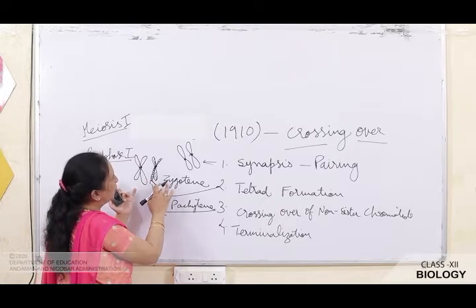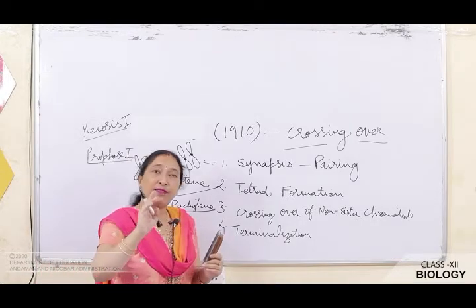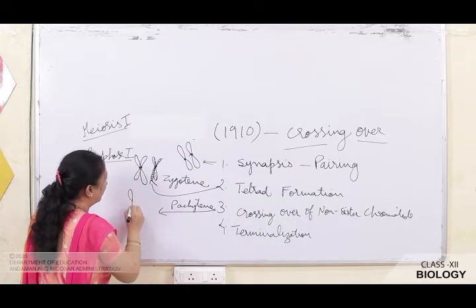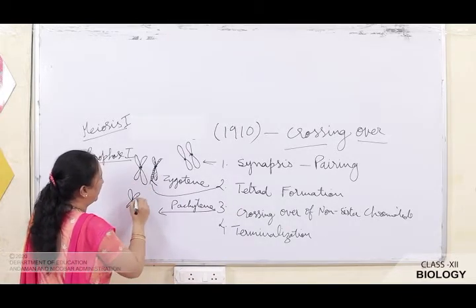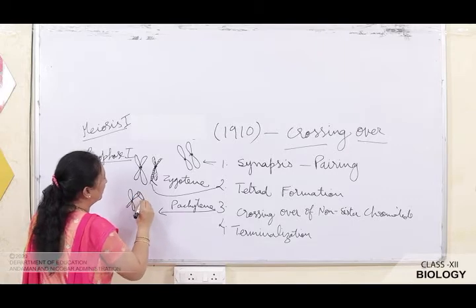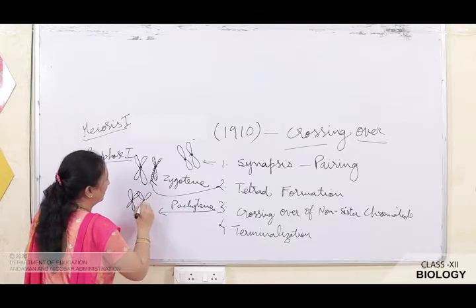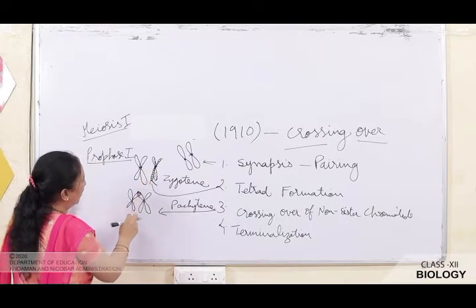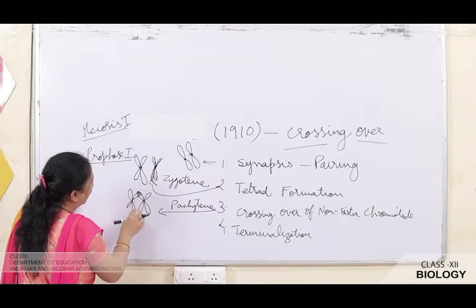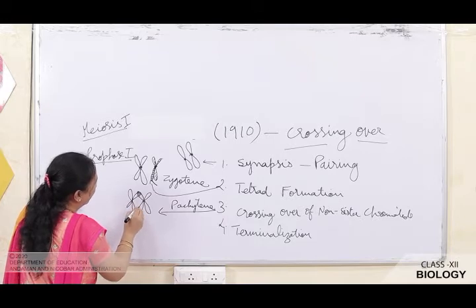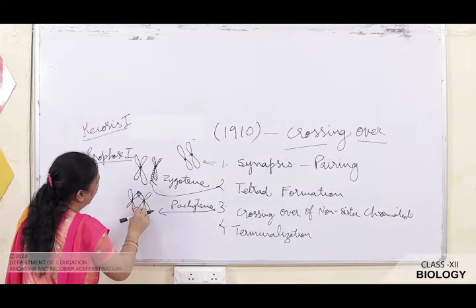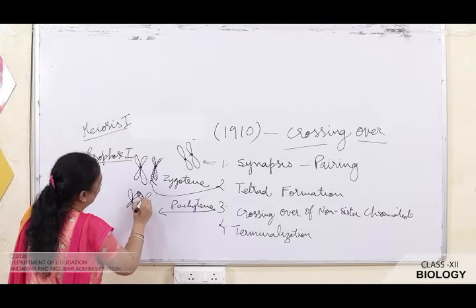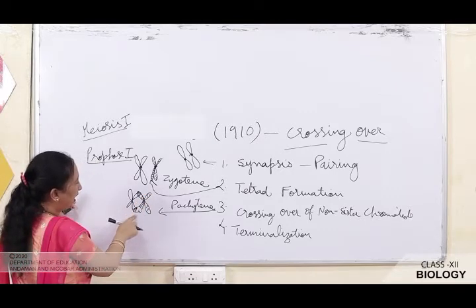Crossing over takes place between non-sister chromatids of homologous chromosomes. Any part can cross over. Suppose this part has crossed over, and suppose this part has crossed over.